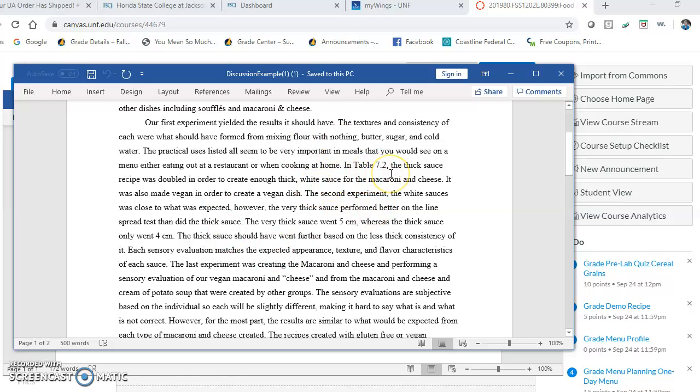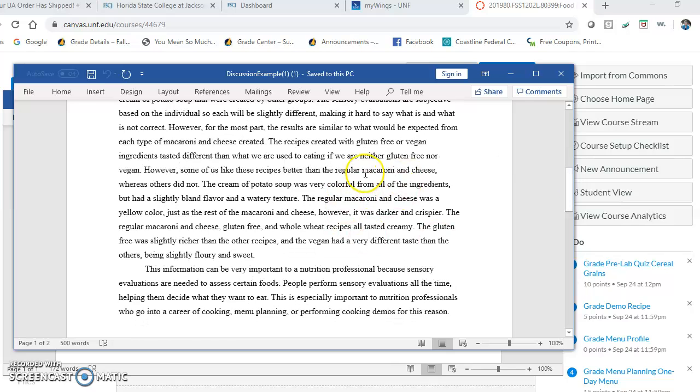For example, in table 7.2, the thick sauce was doubled in order to create enough thick white sauce for the macaroni and cheese. The second experiment, the white sauces was close to what was expected. However, the very thick sauce performed better on the line spread test than did the thick sauce. So they went into a lot of detail telling me what the data means. Don't assume that I know all what the data means. I need to know, what does the data mean?